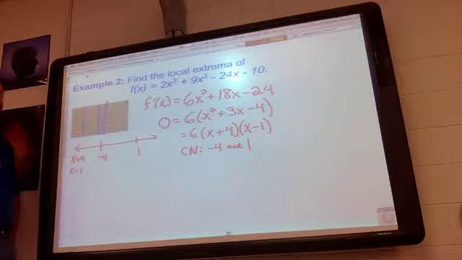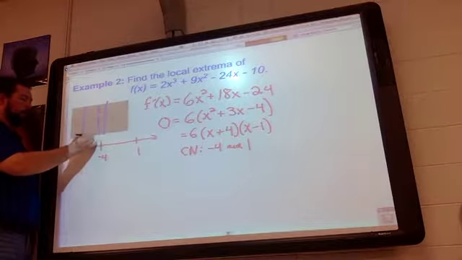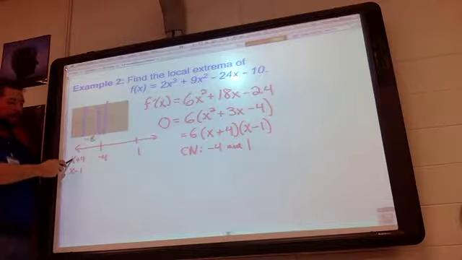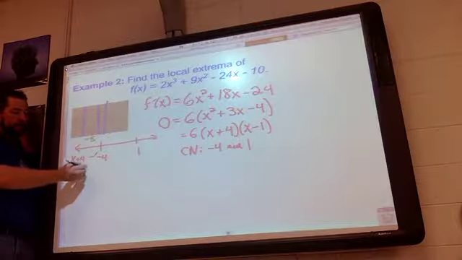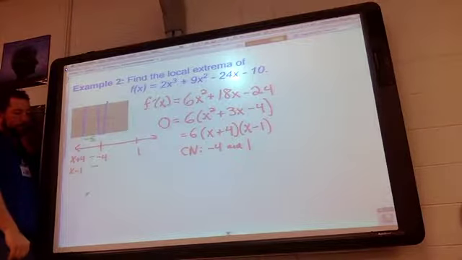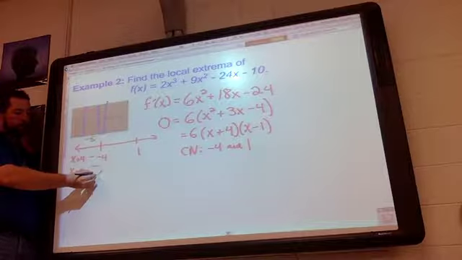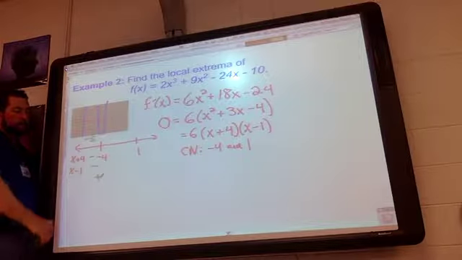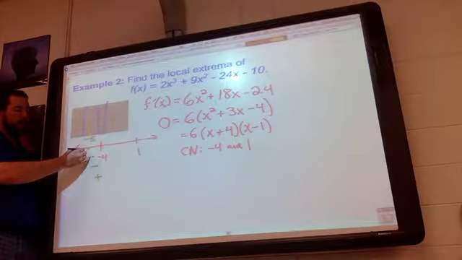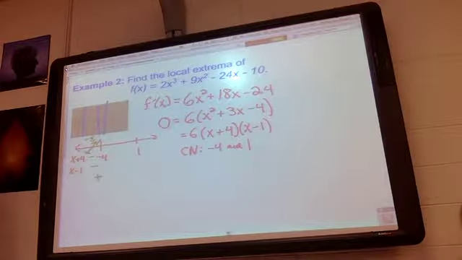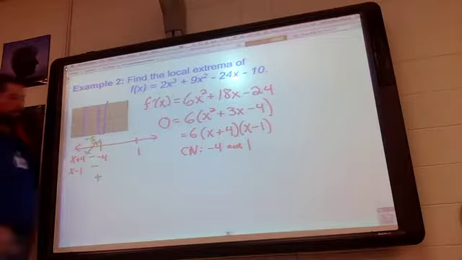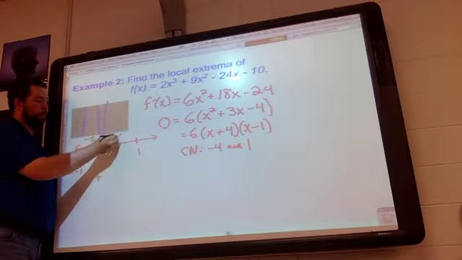Something less than negative 4: negative 5. If I plug negative 5 into x plus 4, I get negative 1. Negative 5 minus 1 gives me negative 6. A negative times a negative is positive. So I know between negative infinity and negative 4, the derivative is positive, so the graph is going up. Between negative 4 and 1, I'm going to choose 0.